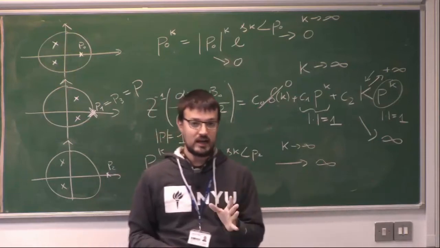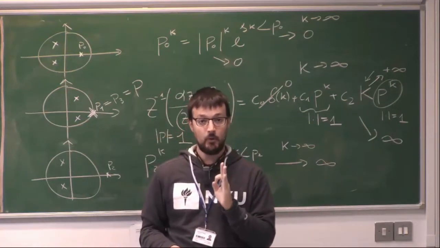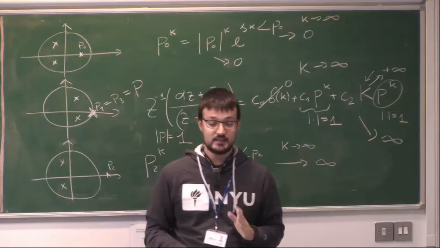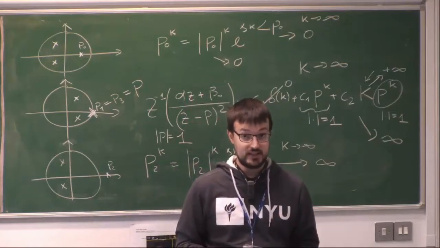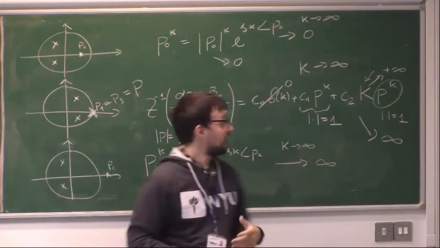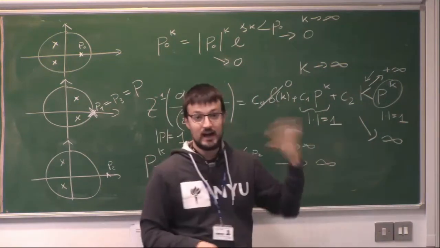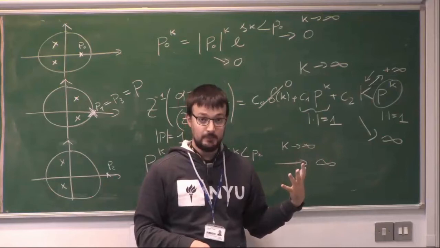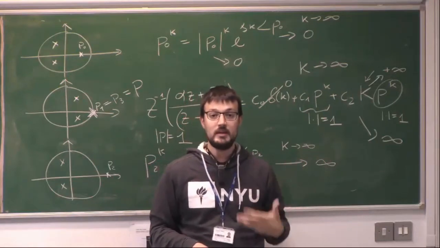In continuous time, if we have one pole on the imaginary axis, then the system is marginally stable. If you have repeated poles, then you will have powers of time, t, appearing, okay? And so the system will be unstable.